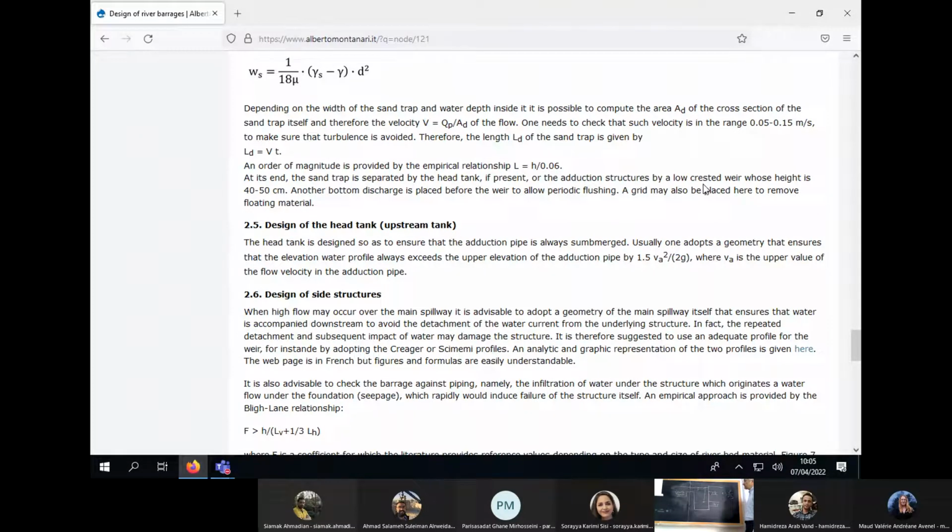Okay, and so this is the only requirement that I impose. Keep in mind that usually here you have a grid to filter the floating material, to trap the floating material.